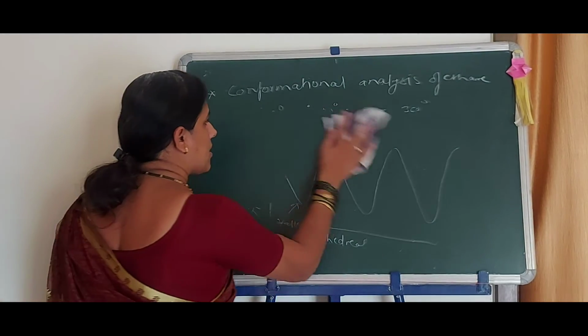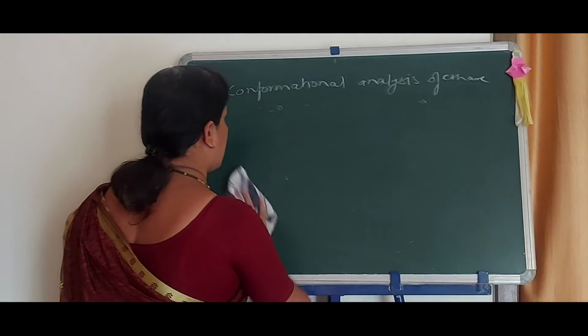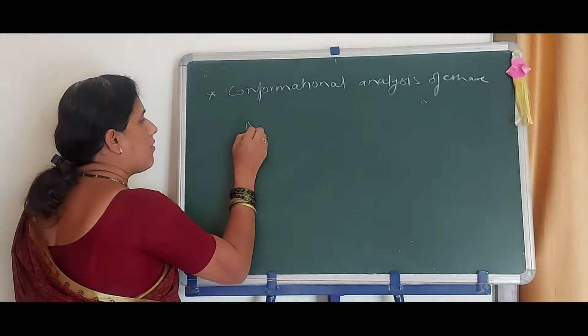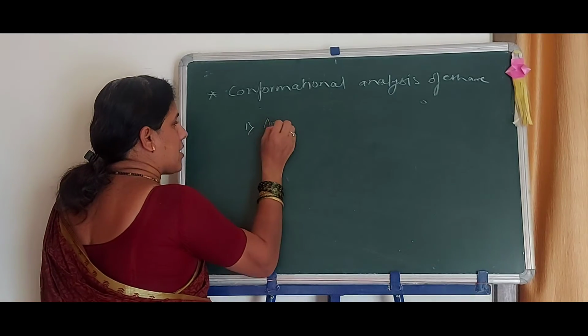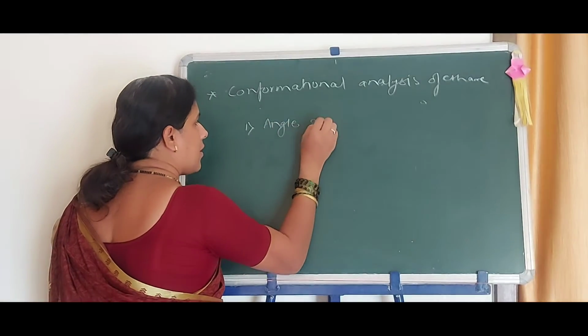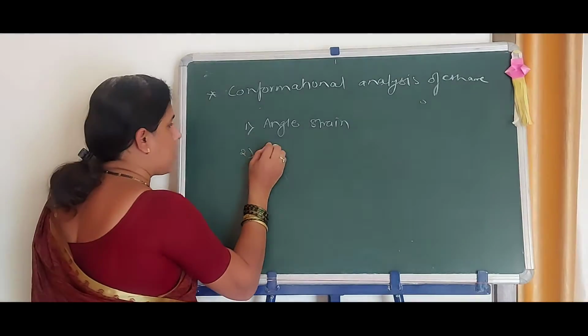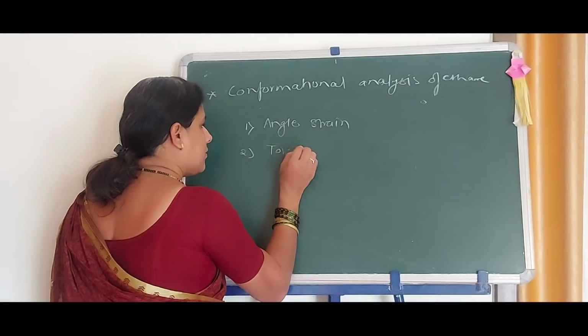Which types of strain are here? There are totally 3 types of strain. First is angle strain. Second is torsional strain.